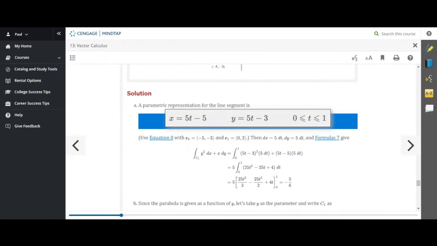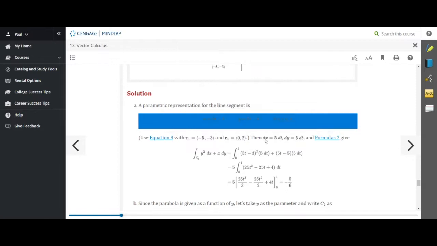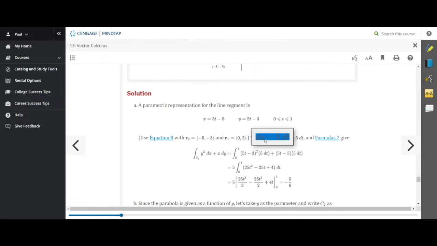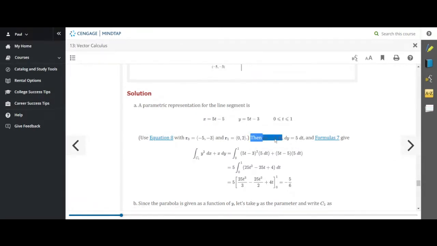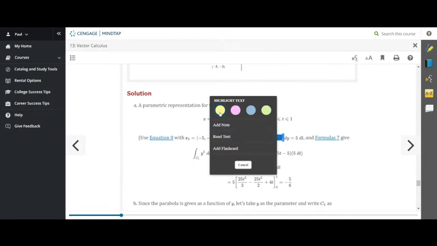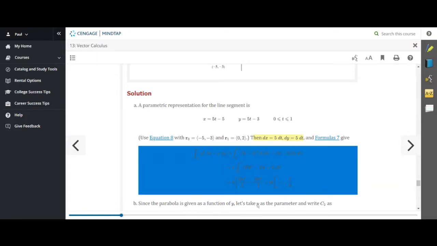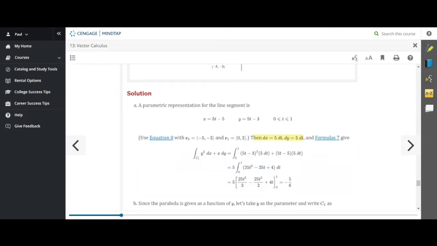But that formula above, in the formula 8 box, gives a quick way to get the parameterization. So in this case, since x is 5t minus 5, dx/dt is 5, which means dx equals 5 dt. That's what they're noting here. Let me try to highlight it. dx/dt is equal to 5 because x equals 5t minus 5, and therefore dx is 5 dt.